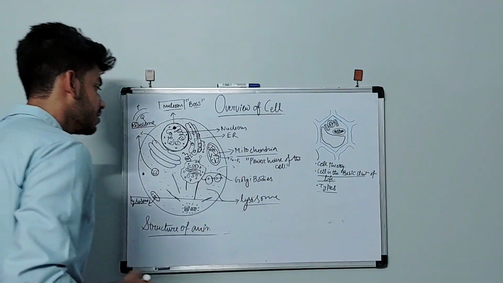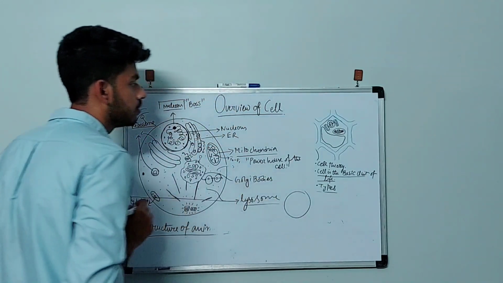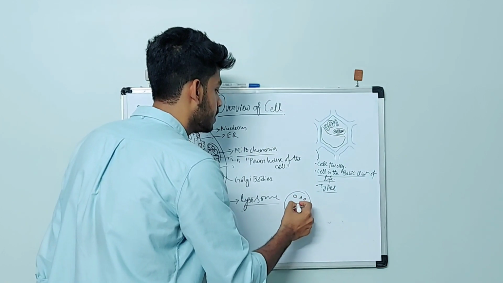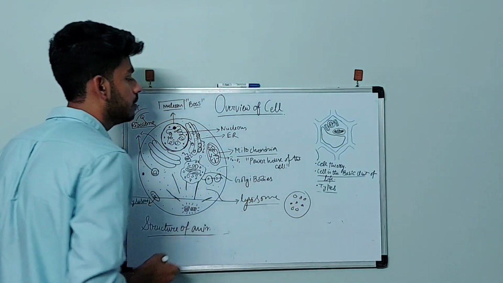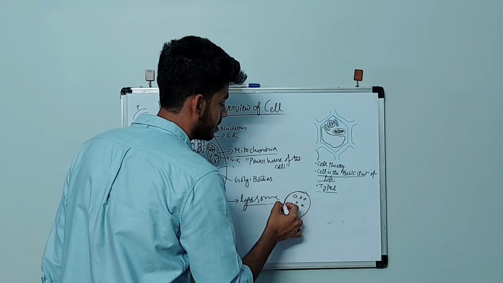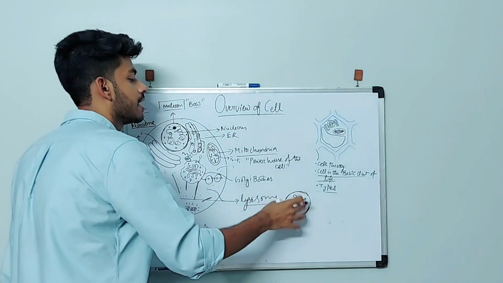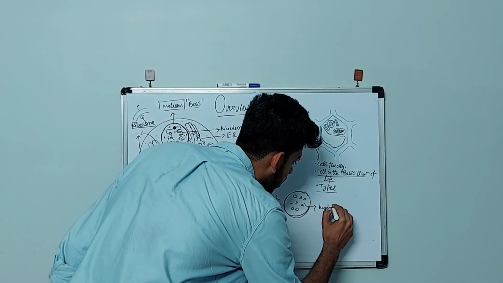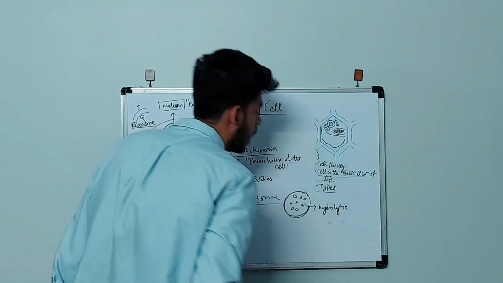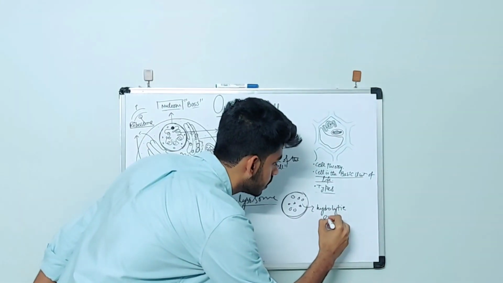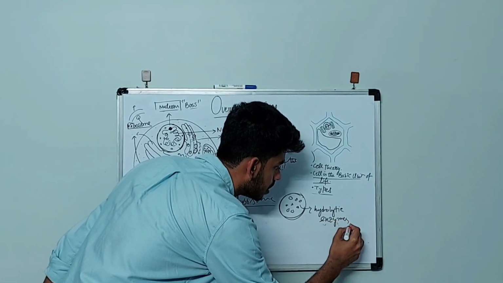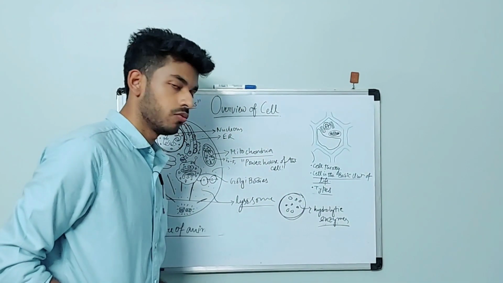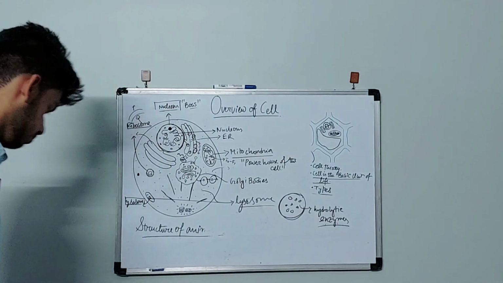So lysosome has all the hydrolytic enzymes in it, and it is covered by a lipid membrane. This is a lipid membrane, and all the enzymes, all the hydrolytic enzymes. What enzymes? Hydrolytic enzymes. So all the hydrolytic enzymes are covered inside an organelle, and we call that organelle lysosome.